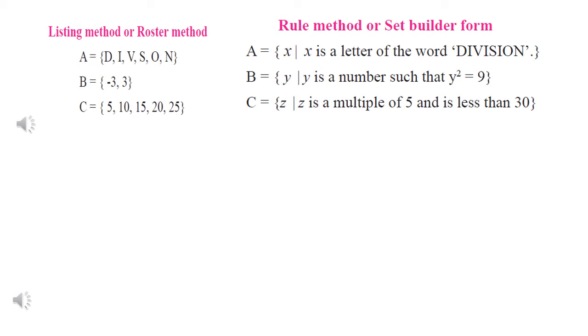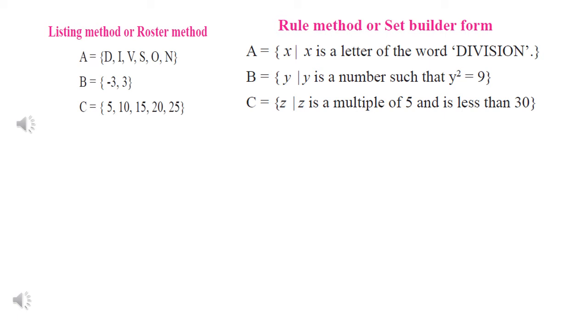No, it will be x is a letter of the word DIVISION, always in singular form. So we describe one element in the set, which is the same for all, so they are of the same type. Next one. B is equal to {-3, 3}.